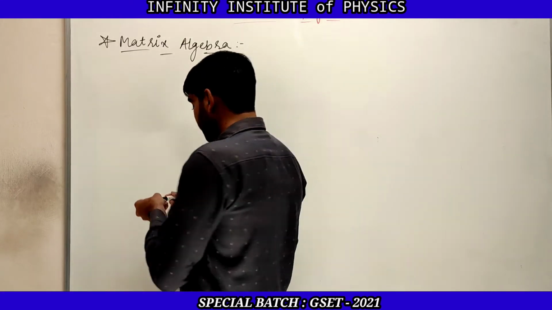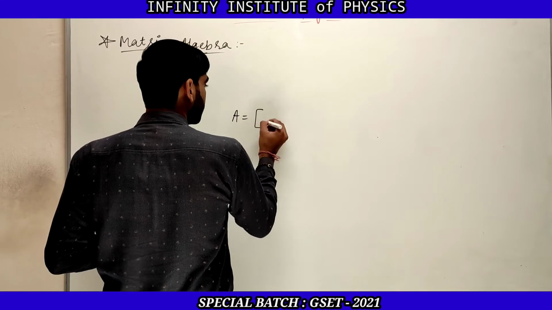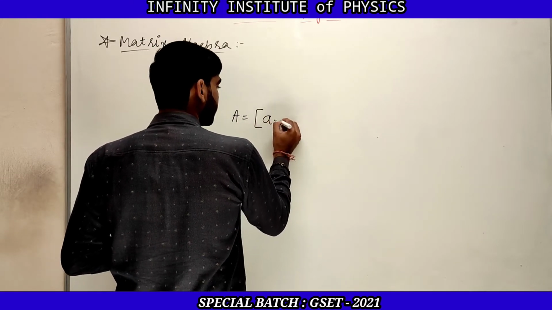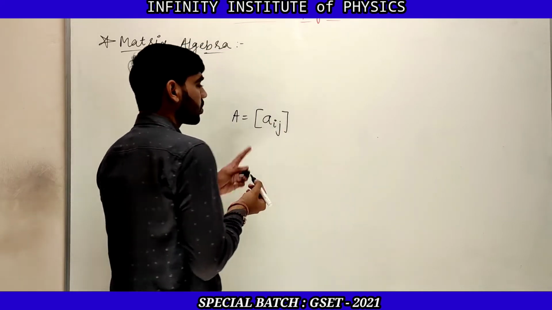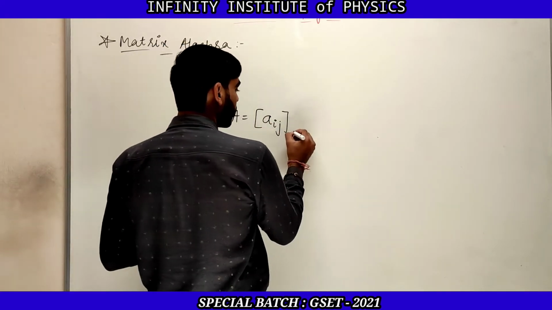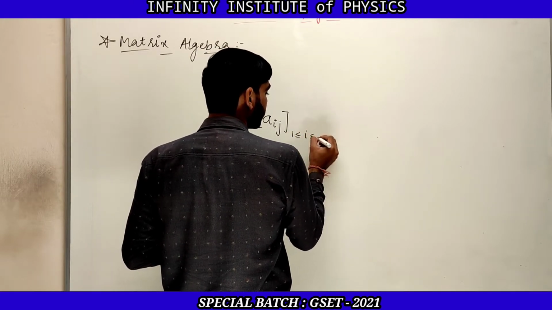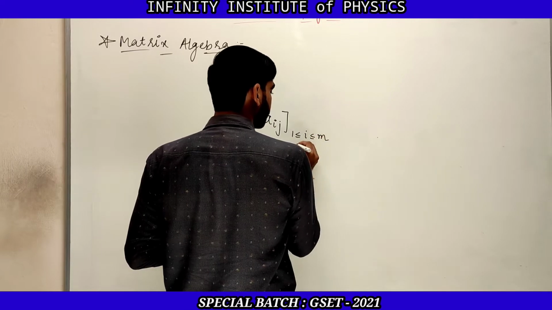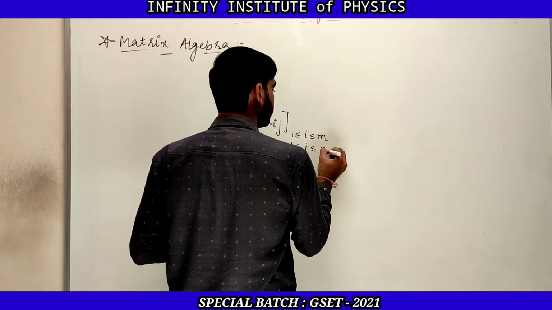And a matrix A is generally written as A equal to Aij, where i denotes the row of the element and j denotes the column of the element, where 1 less than or equal to i less than or equal to m, and 1 less than or equal to j less than or equal to n.